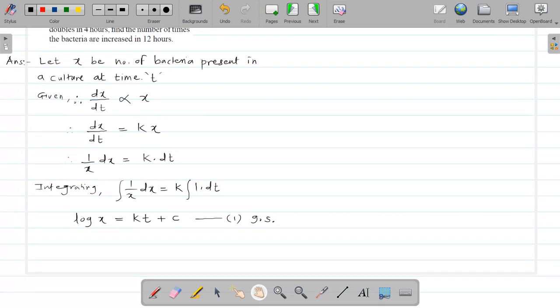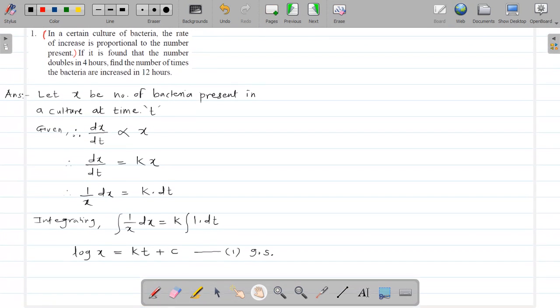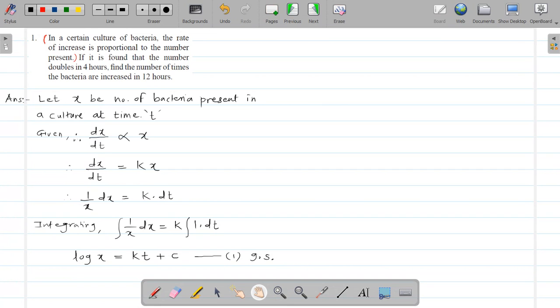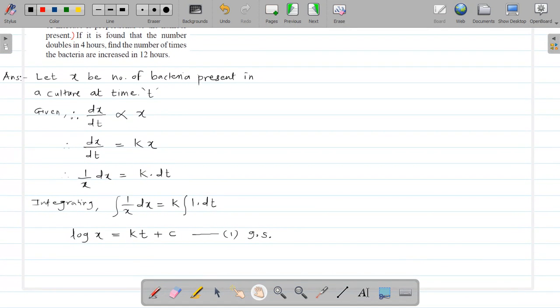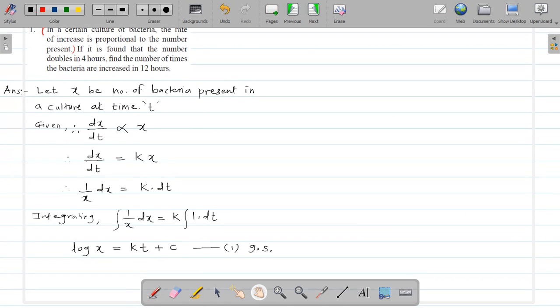Now always you remember that in such type of question, after getting this general solution of that differential equation, the next statement that is given to you that if it is found that the number doubles in 4 hours. So initially what will be the number of bacteria present, that you have to consider.